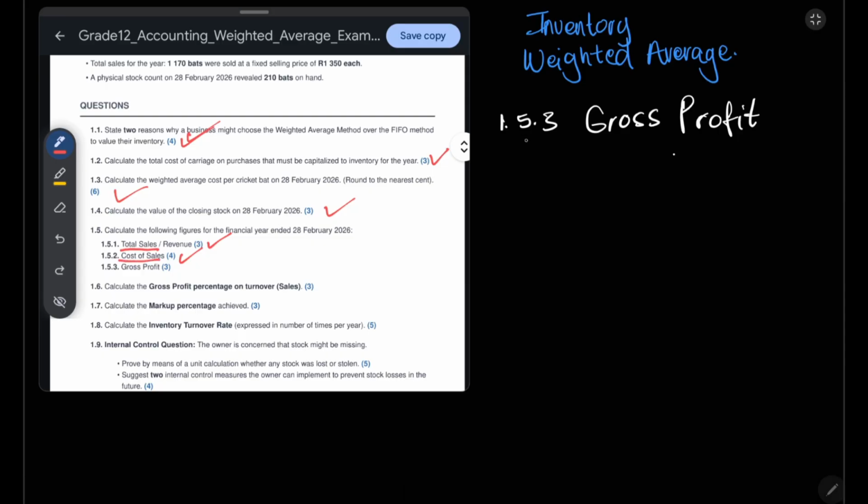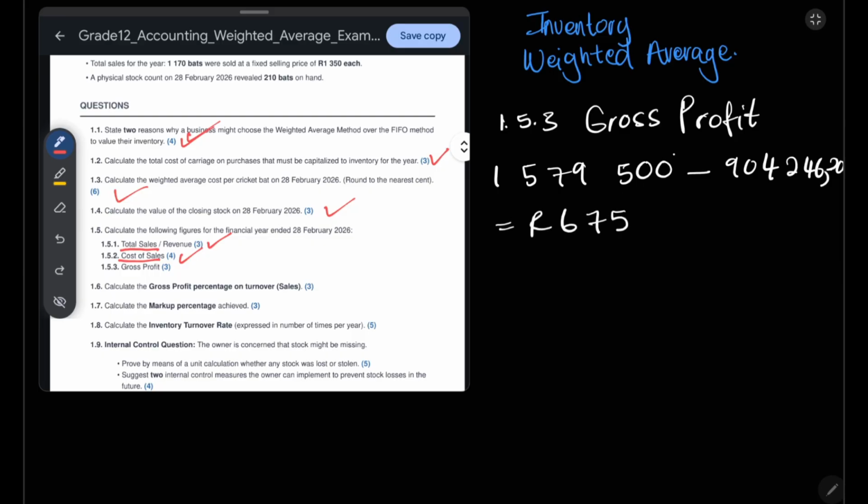So our sales was 1,579,500 minus the cost of sales that we calculated, which was 904,246.20, which is 675,253.80. This is your gross profit.